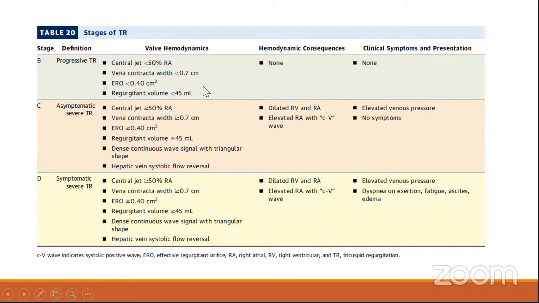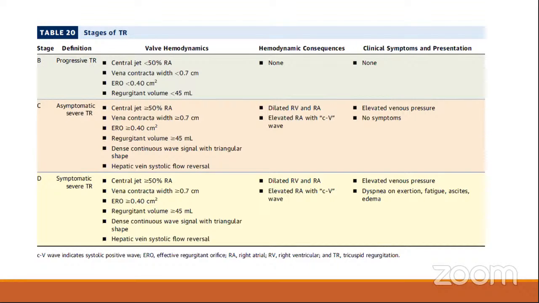The second stage is the asymptomatic severe tricuspid regurg. You will see the central jet more than or equal to 50% of the RA. The vena contracta will be more than or equal to 0.7, and the effective area will be more than 0.4. The volume will be more than or equal to 45 ml.